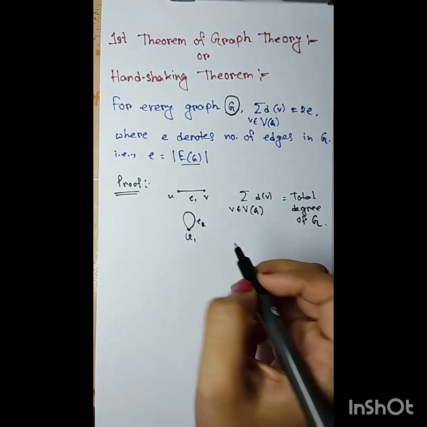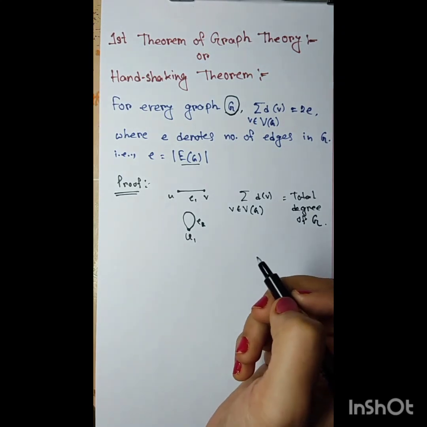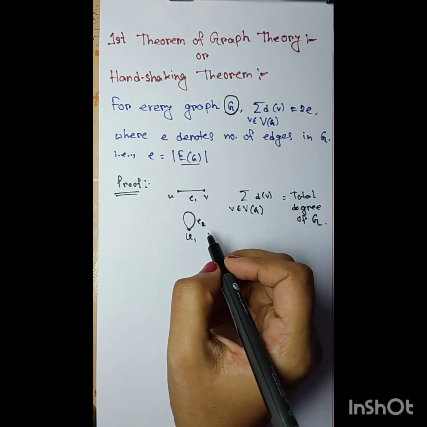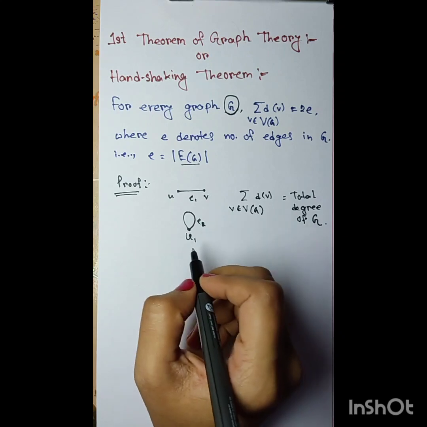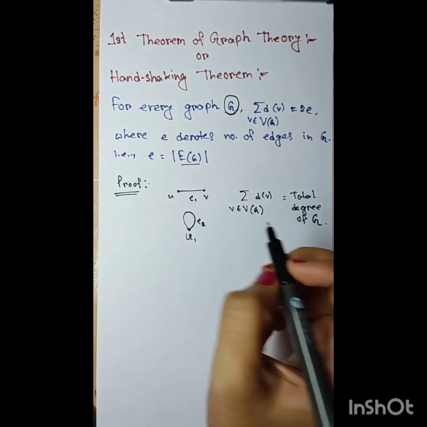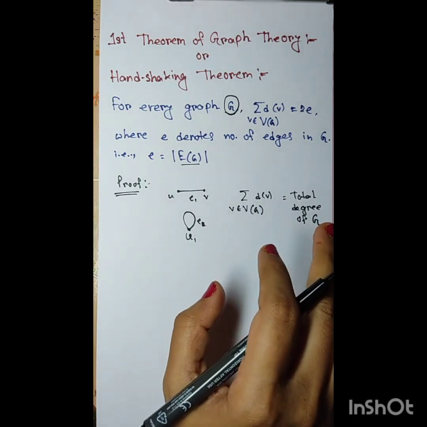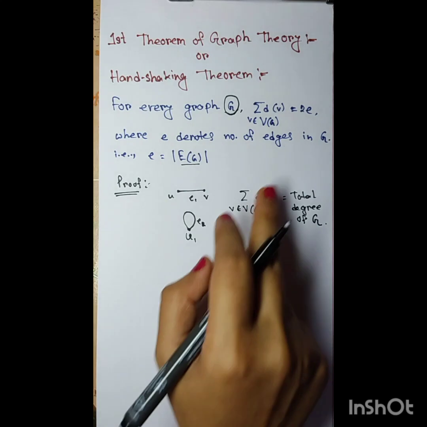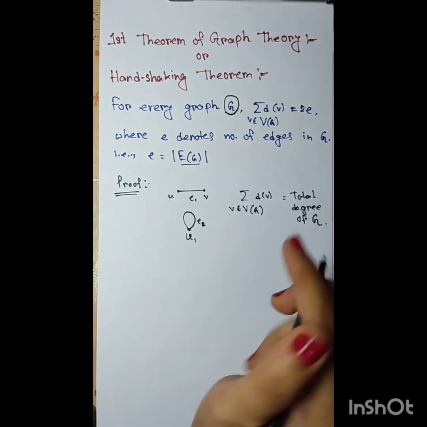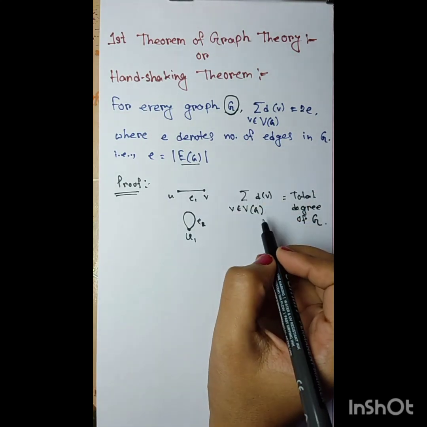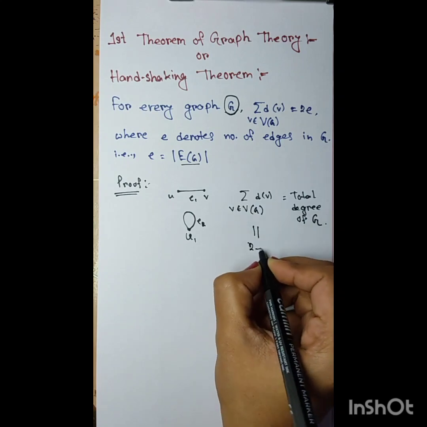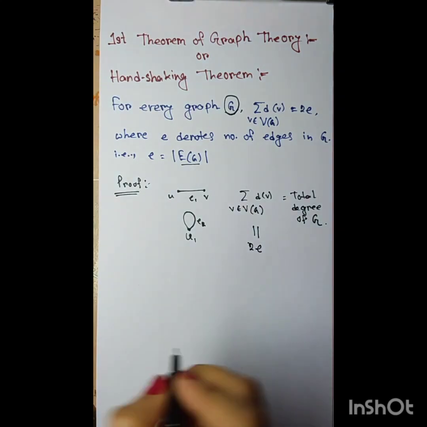Though we have only one vertex corresponding to this loop, the loop still contributes degree 2 to it. So any edge we consider in the graph G contributes degree 2 to the total degree of the graph, which is given by this sum. So it is equal to 2 into E. Like this, the proof goes.